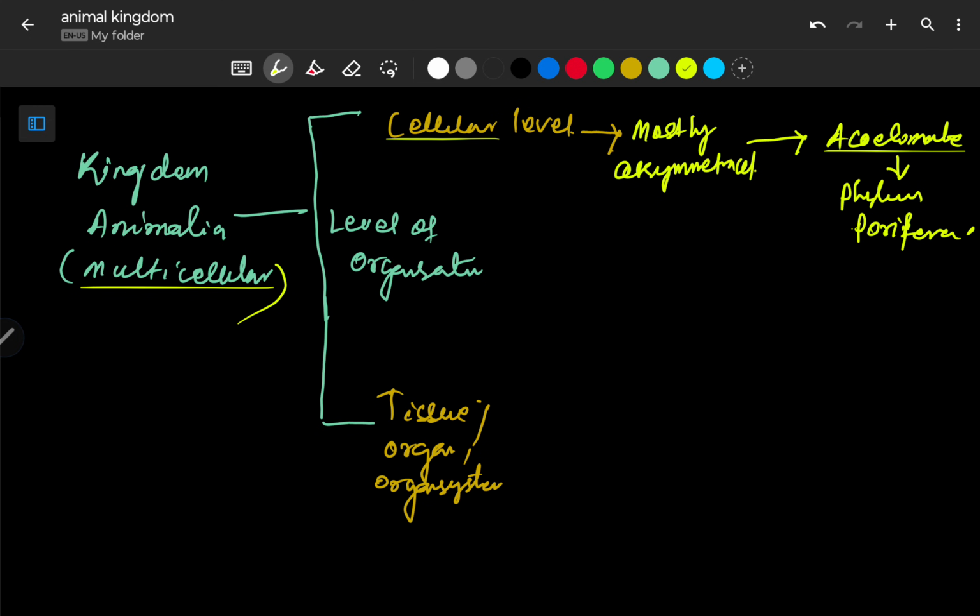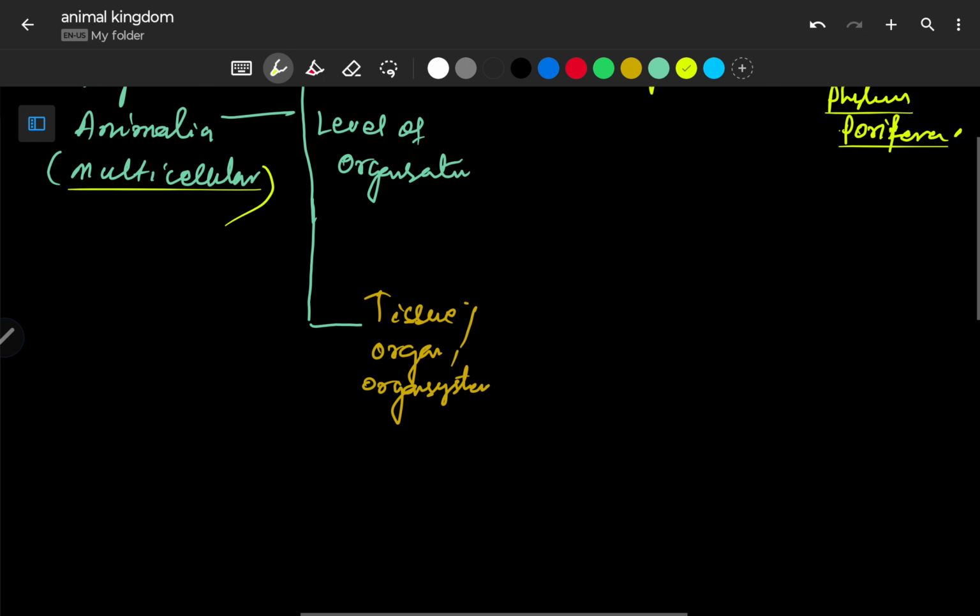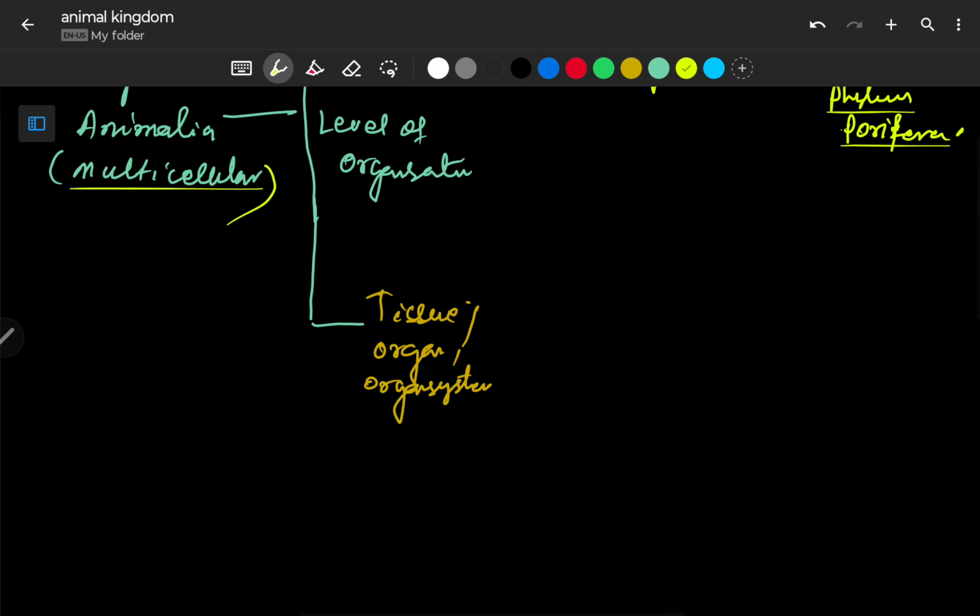They don't have coelom. So it includes only one phylum, that is Porifera. Okay. Now come to those organisms which are having tissue or organ system level of organization.